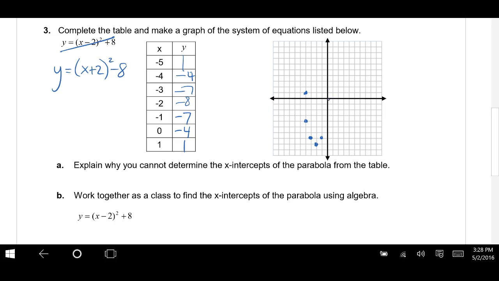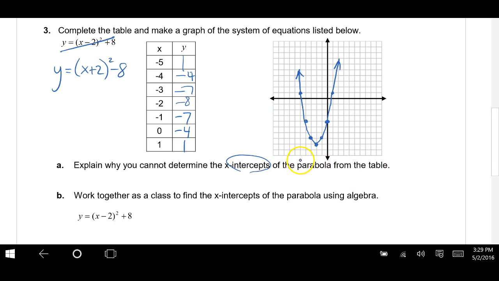Then 0 and negative 4, and then 1 and 1. Actually it looks like I'm a little off here. This should be negative 5 over here. Now make your parabola going off in both directions. It's kind of sloppy there. That's a little better.